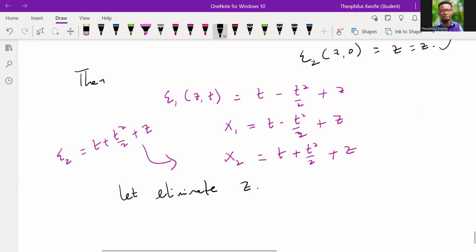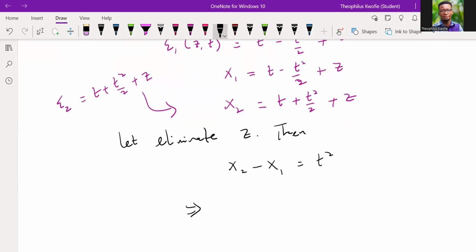So by eliminating z, we are going to subtract your x1 from your x2. And that should give us what? That should give us t squared, okay?